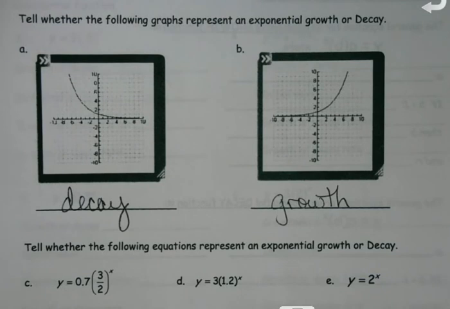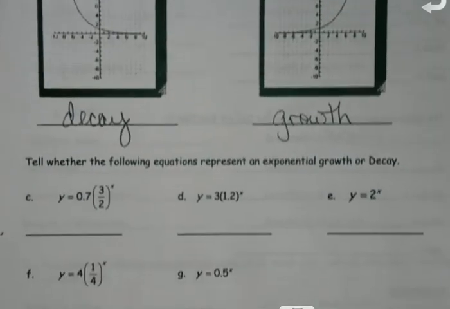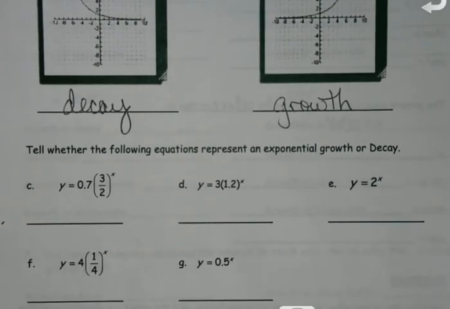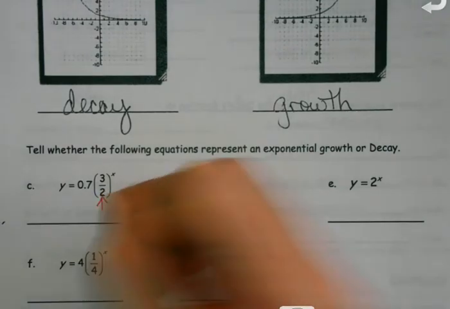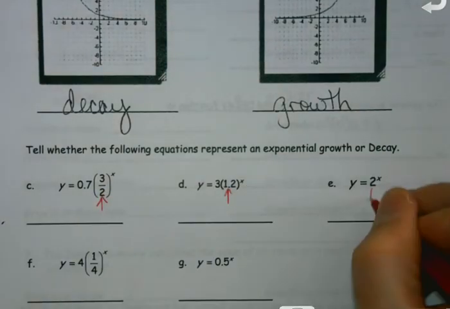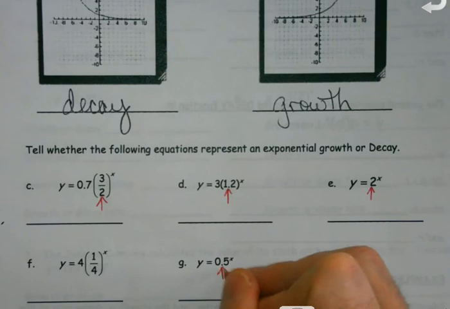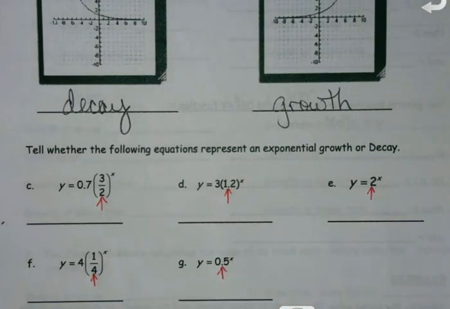Well, what if I don't have a picture? What if I just have an equation like the ones down below? So like these guys. The only thing I care about in all of these is that b value, that number that's being taken to the x power. That tells me everything I need to know.